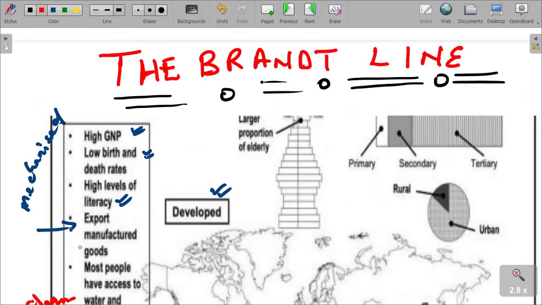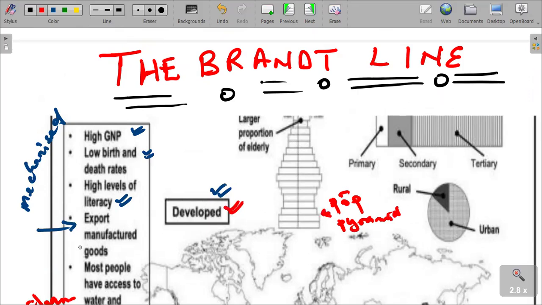Now look here at population proportion. In developed countries, the pyramids are depicted like this. This is a population pyramid illustrating a developed country.